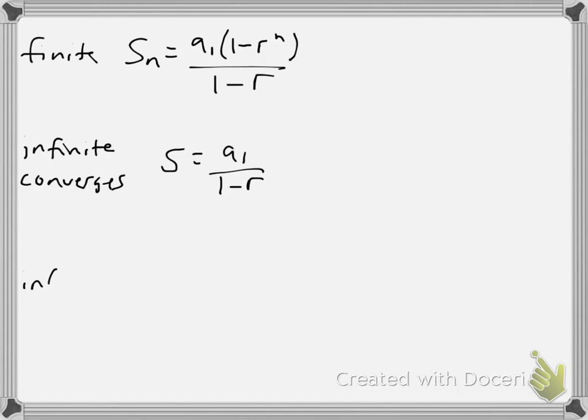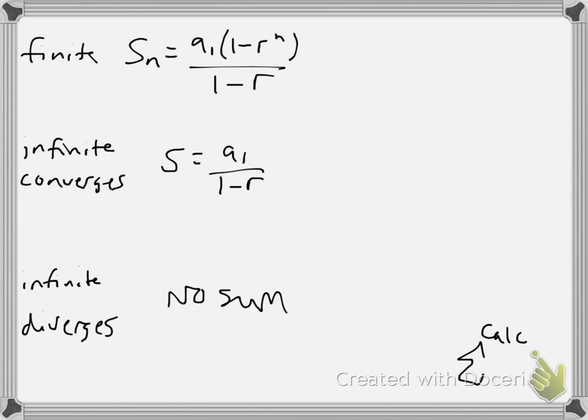If it's an infinite and it diverges, well, then you're SOL. No sum. So let's do a quick example of each, and then, like I said, you could always use sigma notation and the calculator, which is my favorite way to do it because it's much quicker.